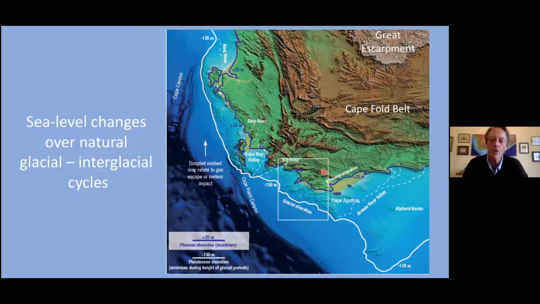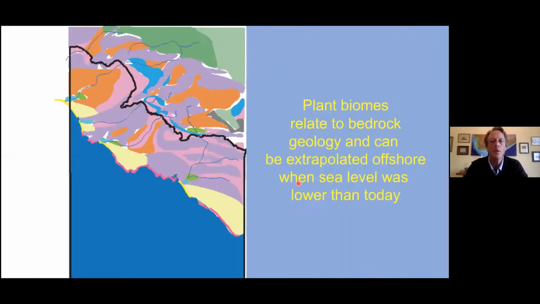So I want to show you a blow-up here, which is off of Cape Agulhas, Danger Point here, and show you that we can relate, because what this diagram shows you, in the upper right corner, here's the present-day shoreline in black, here's Danger Point. And these are the biomes we know exist, and they very much relate to the rocky substrate.